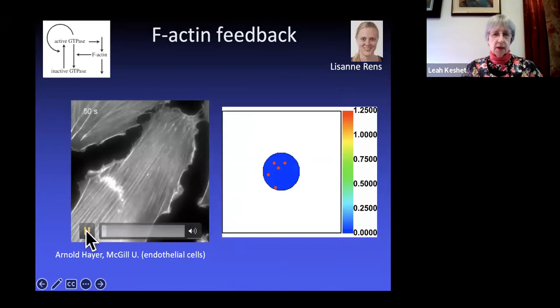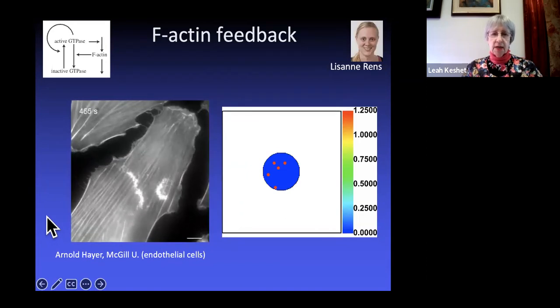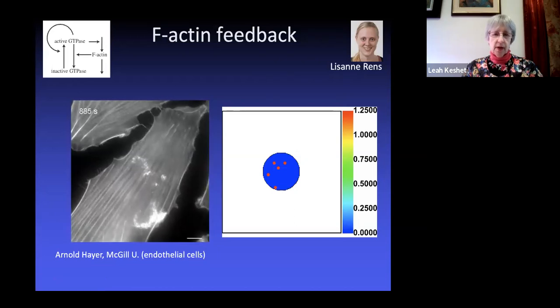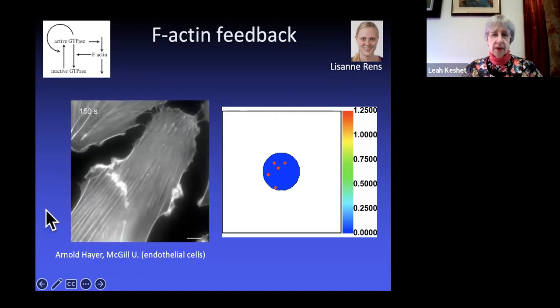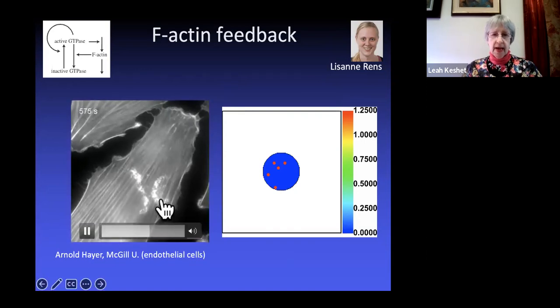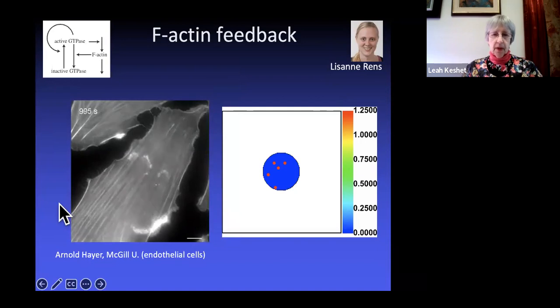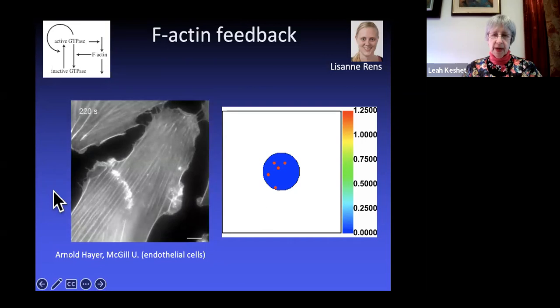So interestingly, spiral waves are actually seen in real cells. Here's an example of a movie of endothelial cells, cells that line our blood vessels. What's seen here is a stain for actin. You can see that there's some beginnings of spiral wave happening.